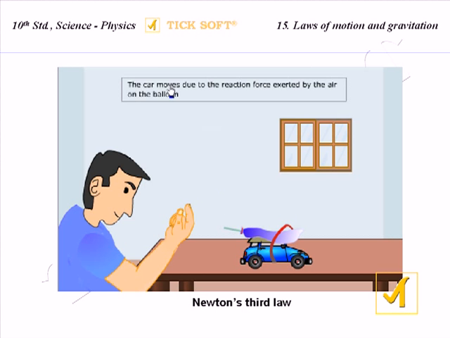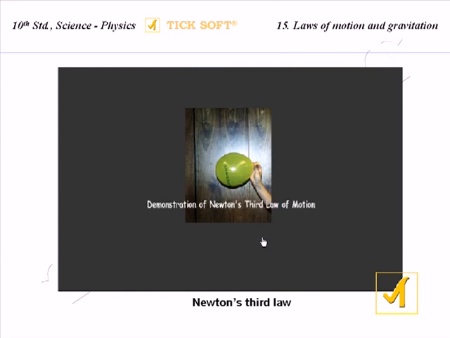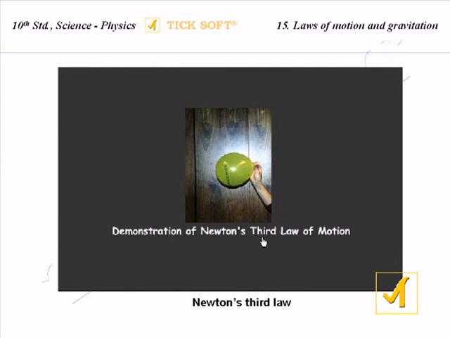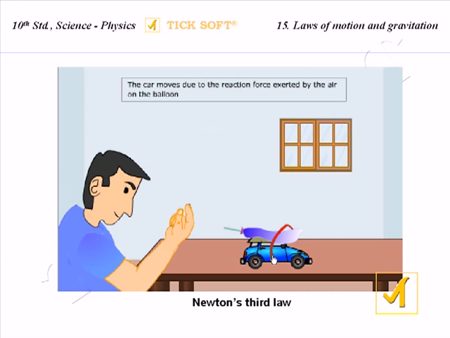The car moves due to the reaction force exerted by the air blown from the balloon. Therefore the air blows out and the car moves in the backward direction.